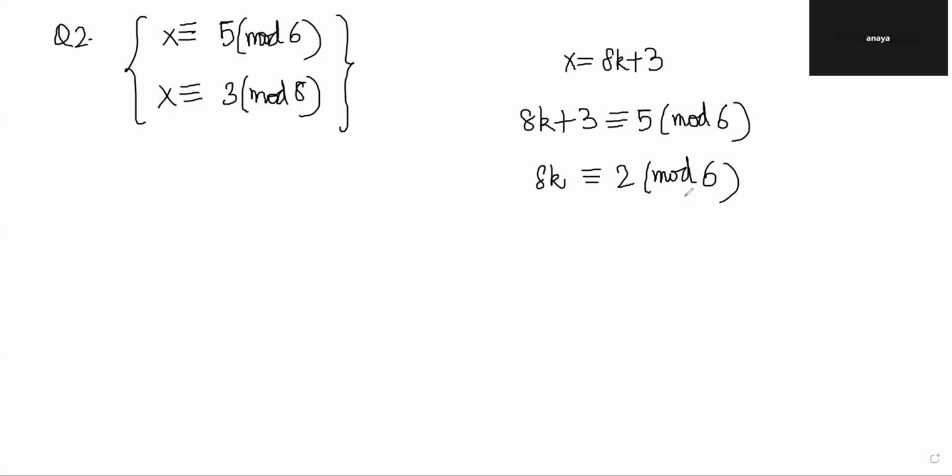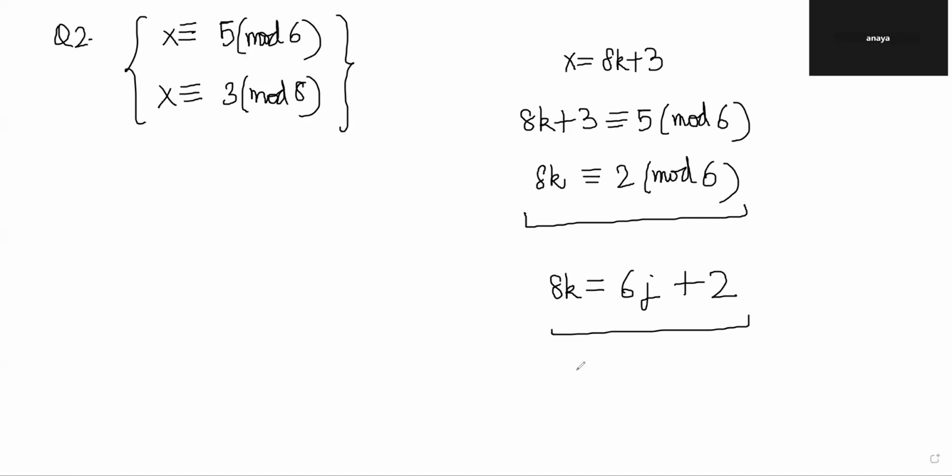Here, think about it. What does it actually mean? This means that 8k is equal to 6j plus 2, right? So notice that in this equation, you can cancel 2. So you can say 4k is equal to 3j plus 1, right?